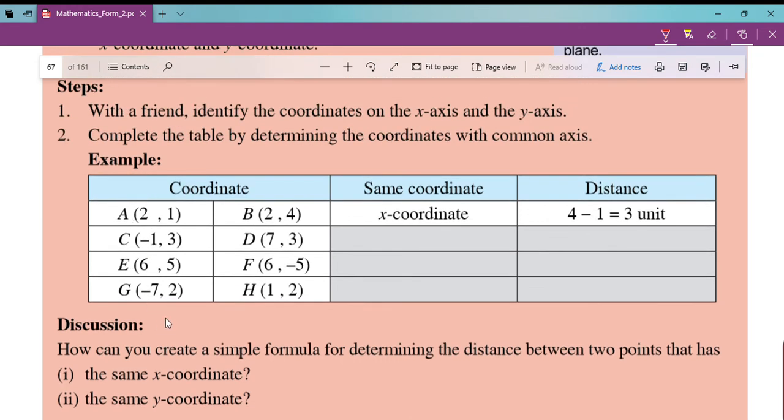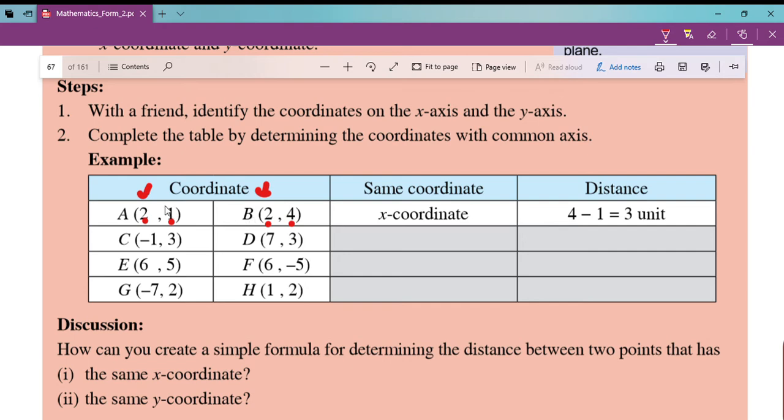Let us discuss 1 and 2. For question number 1, we can compare the coordinates 2, 1 and 2, 4. Which coordinate has the same value? Of course the answer is 2, right? So this is the same.